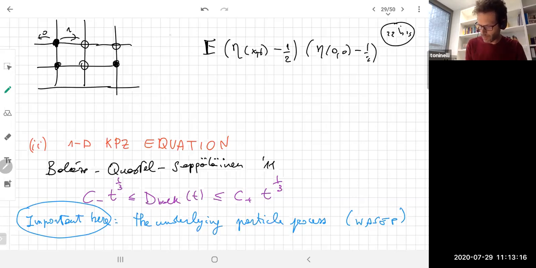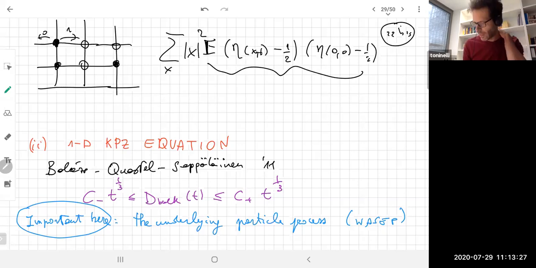Then you want to sum this over x and multiply by x squared. At time 0, since the equilibrium measure is IID Bernoulli, this expectation is non-zero only if x is 0. So it's a Kronecker delta function, but at later times it's not.